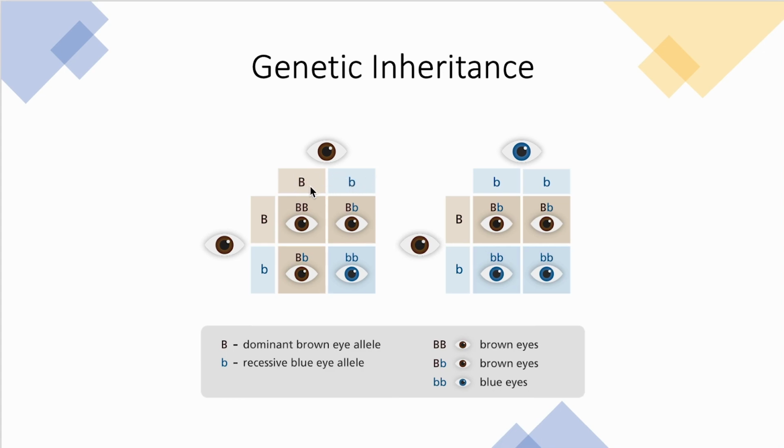They inherited from their parents two alleles for the color of the eyes. One that has a capital B is a dominant allele, while the other one with the lowercase b, the one that codes for the blue eyes, is a recessive allele. So these two persons have the same genotype. Notice that their phenotype is brown eyes.